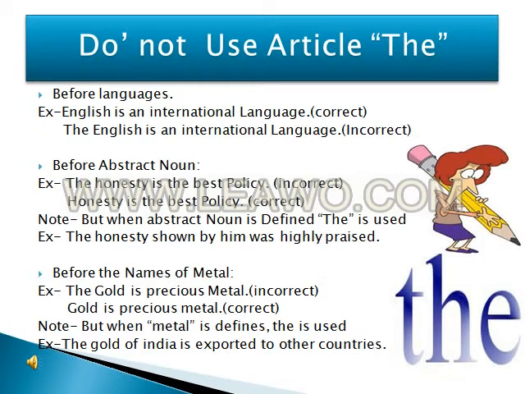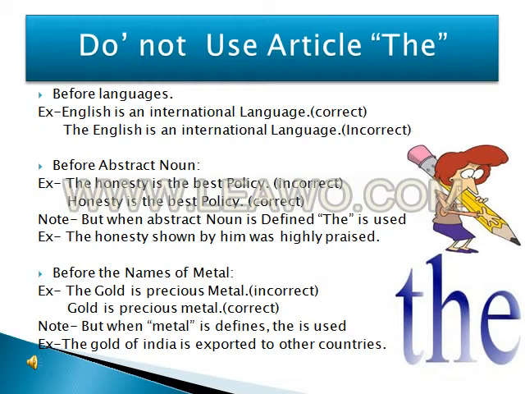Read the example: the honesty shown by him was highly praised. Here we are not using honesty as an abstract noun. We have defined the honesty. We're talking about a particular honesty. Clear? So whenever the abstract noun is defined, we use article the before that.